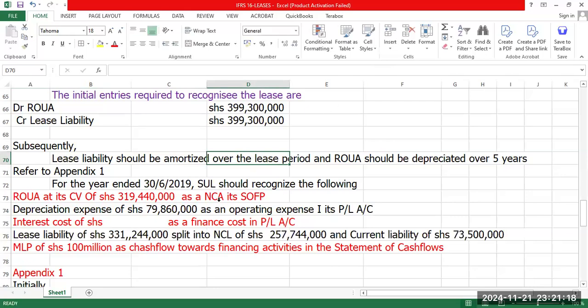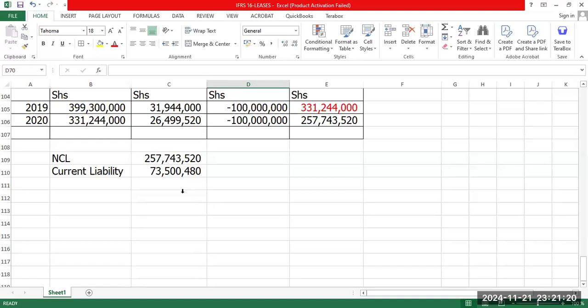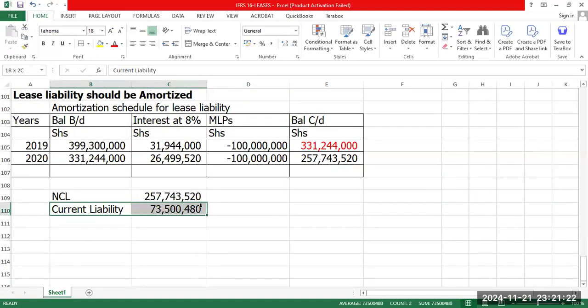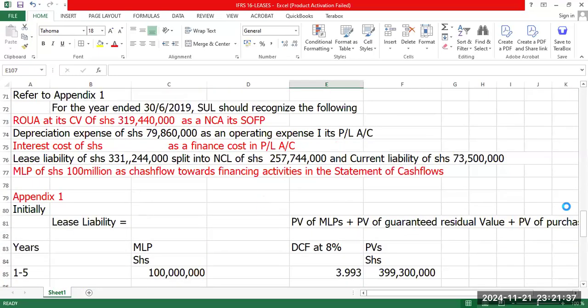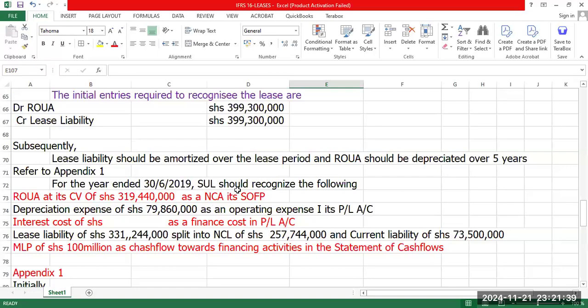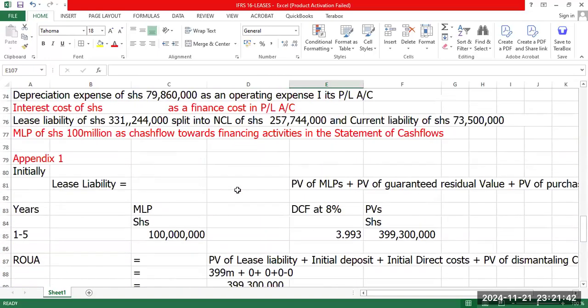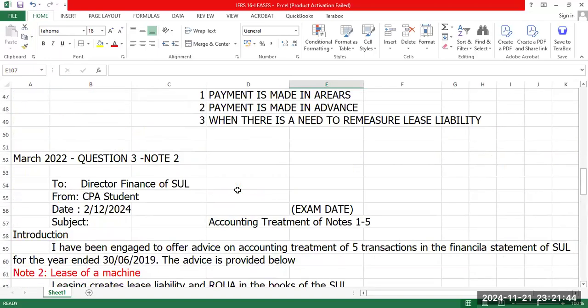That's what we have. So to get current liability, you get the difference between this and this one. Then long-term liability or non-current liability is the liability of the next period. So colleagues, that's all about this. We have done everything.